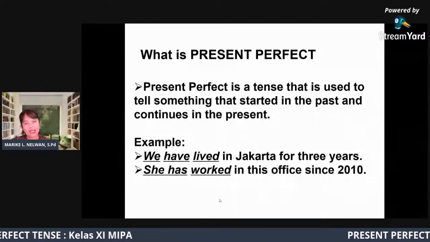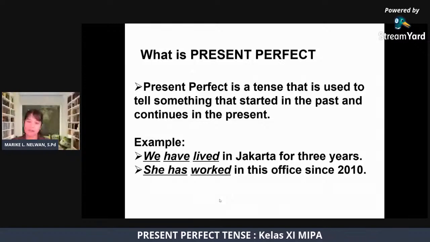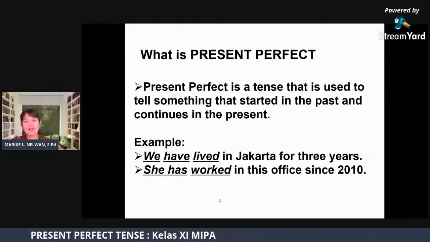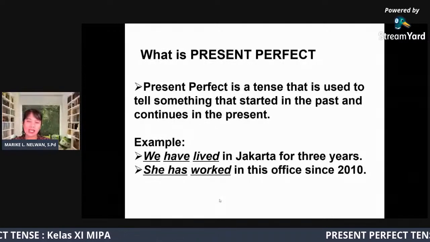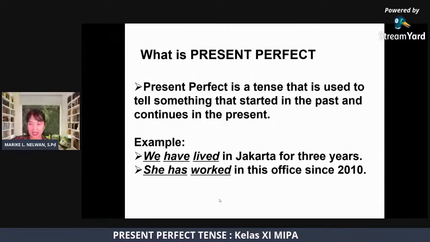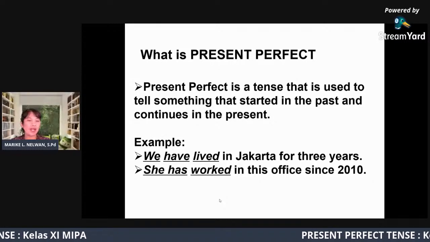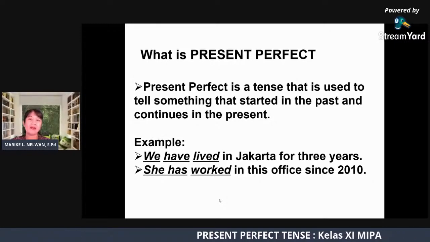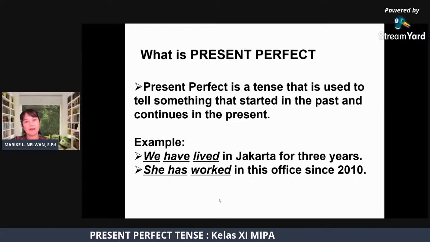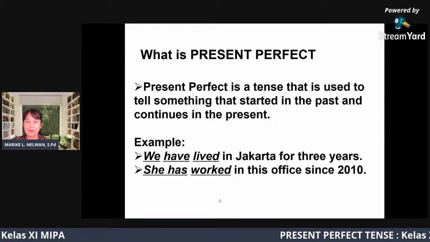Masih ada hubungannya dengan waktu sekarang. Kalau minggu lalu dalam past perfect tense, kita membicarakan sesuatu yang sudah selesai kita lakukan pada masa lalu dan tidak ada hubungannya dengan masa sekarang. Dalam present perfect ini, sesuatu yang kita mulai pada masa lalu, tetapi masih continuous in the present, masih berlanjut sampai dengan sekarang. Alright, I give you 2 examples here.